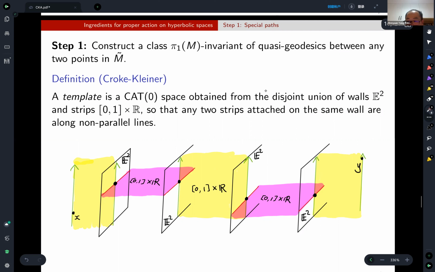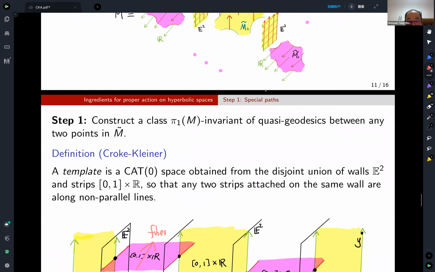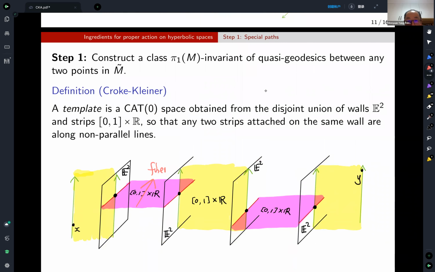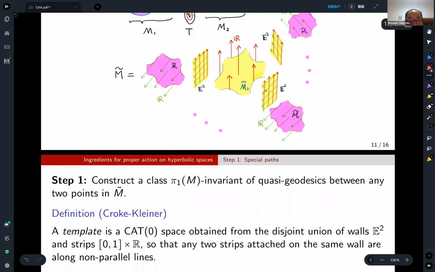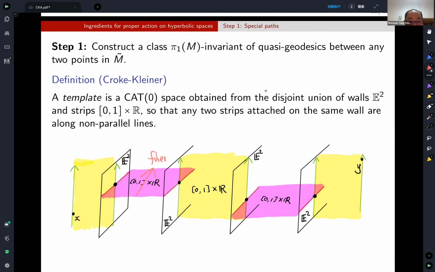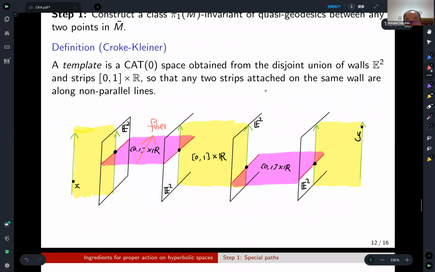In fact, this will be the fiber direction, as in the previous picture, and this boundary plane is just the boundary plane here. The direction of a strip is the fiber of the Seifert manifold. So you can take disjoint walls and glue them in this non-parallel way.